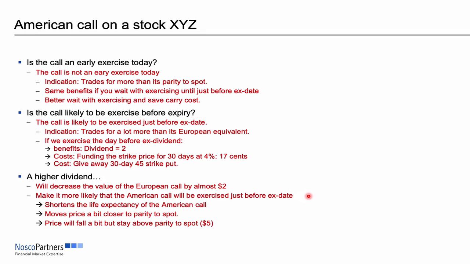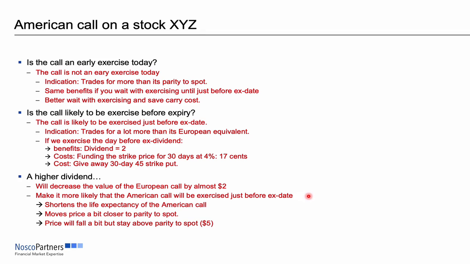Now, what happens to the American option? The first intuition that we usually have is saying, hey, the value of the American option will go up. And we say that because, oh, now the dividend is worth more. So it's actually quite cool that I have the American option and not the European option. But the value of the American option will actually not go up.